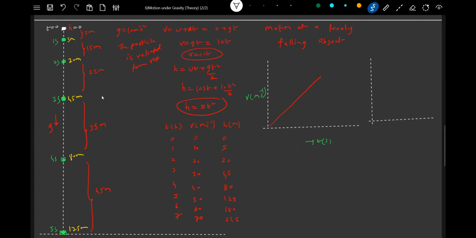It should be an accelerated motion, so therefore the curve will be like this. Okay, able to understand this? Okay, things are very clear here.